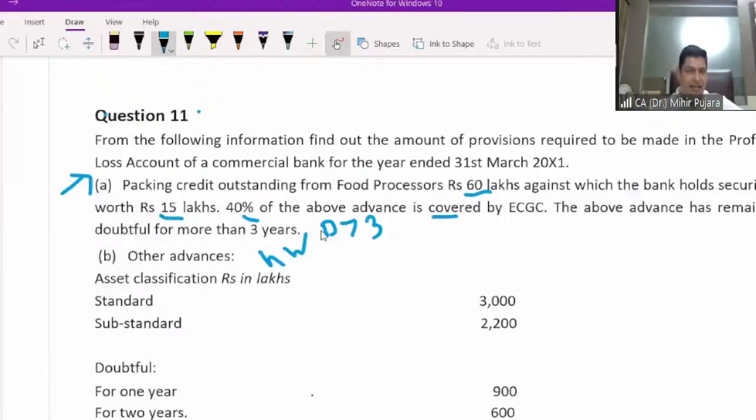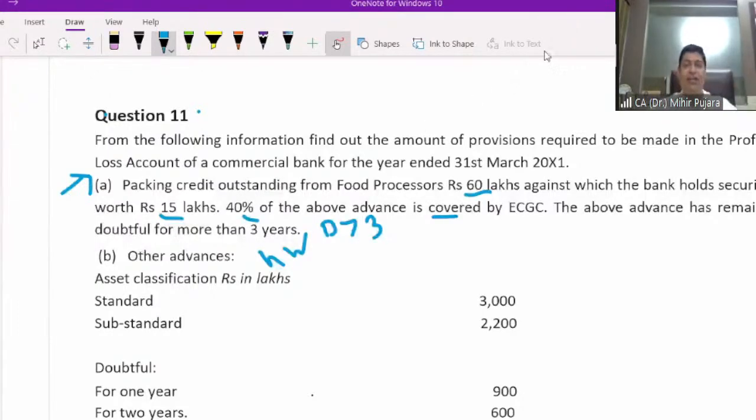So guys, if you see the question, it is more than 3 years. It's 100%. And on unsecured, it is always 100%. So on 27, it is 100%. On 15 also, it is 100%.